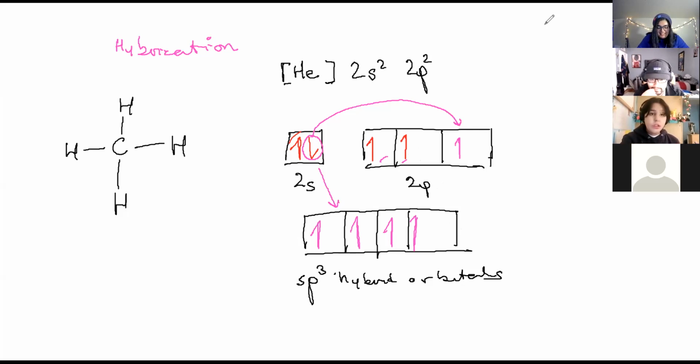So these get combined together. They get hybridized into sp3 hybrid orbitals.